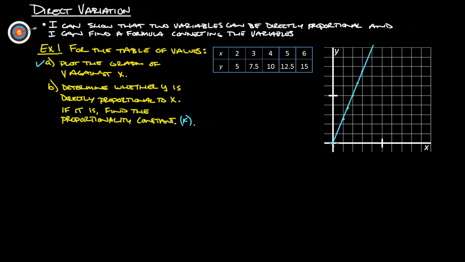We start at 0, 0 and go up to a nice intersection at the point 2, 5. The rise from 0, 0 up to 2, 5 is up 5 over 2, which is 2.5, our proportionality constant.